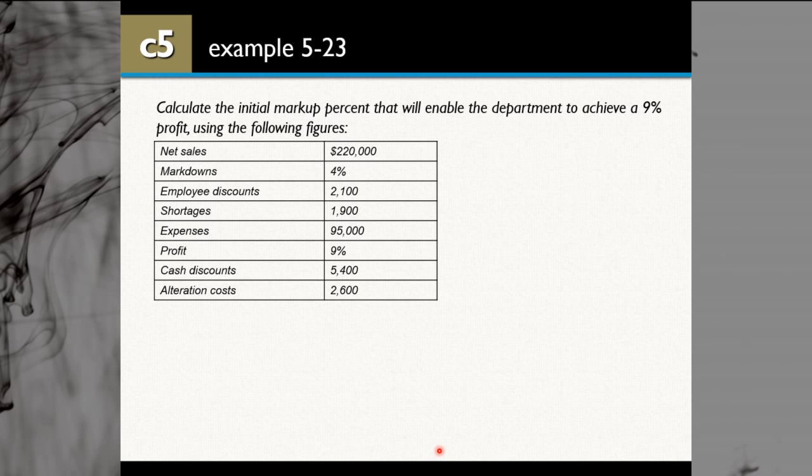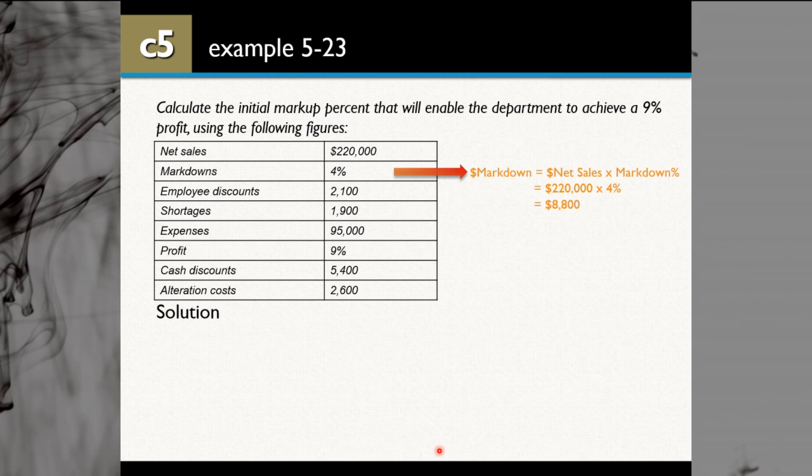And here is the hint. What you need to do is put everything in the same figure, so you have to change that to the dollar figure. Only two figures here are in percentage, which are markdowns and profit. So you can calculate the markdown, since you know your net sales: net sales multiplied by the markdown percentage. 220,000 multiplied by 4%, you get 8,800 as your dollar markdown plan.